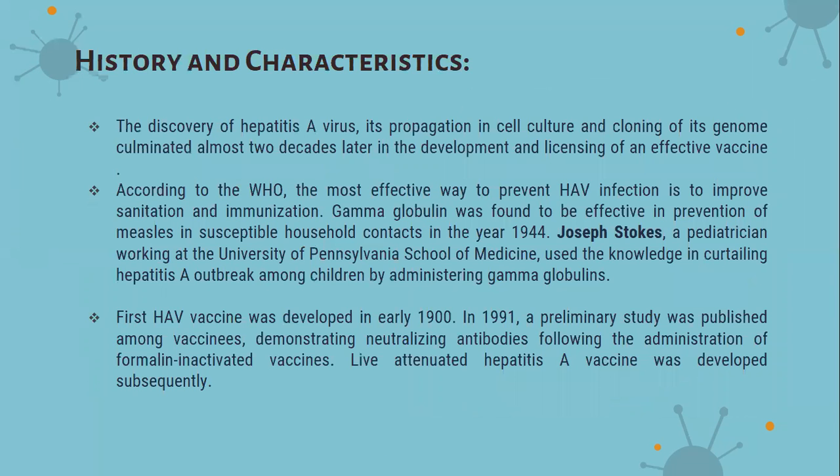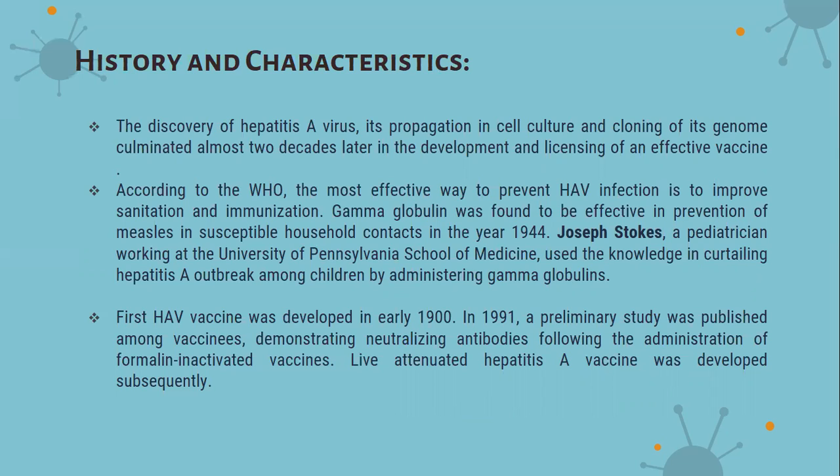Okay, so the hepatitis A vaccination is all about the vaccination. So let's go back into the history and its characteristics. The discovery of hepatitis A virus, its propagation in cell culture and cloning of its gene culminated almost 2 decades later in the development and licensing of an effective vaccine.